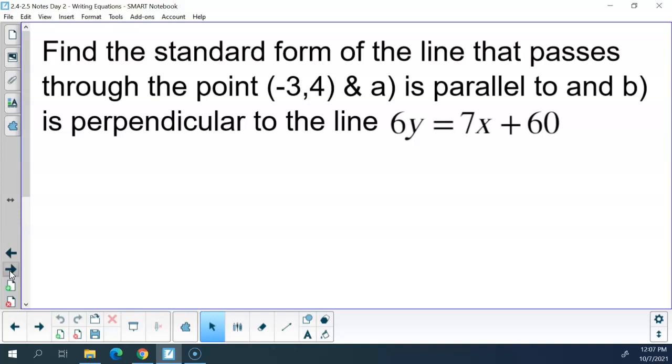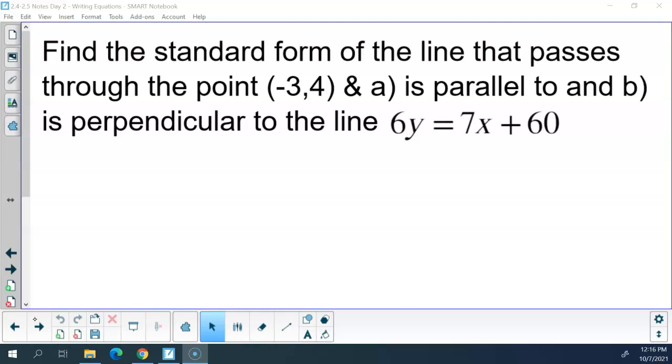All right, so the question is: find the standard form of the line that passes through the point (-3, 4), and A is parallel to, and B is perpendicular to, the line 6y = 7x + 60. Go. What's the first thing we have to do?